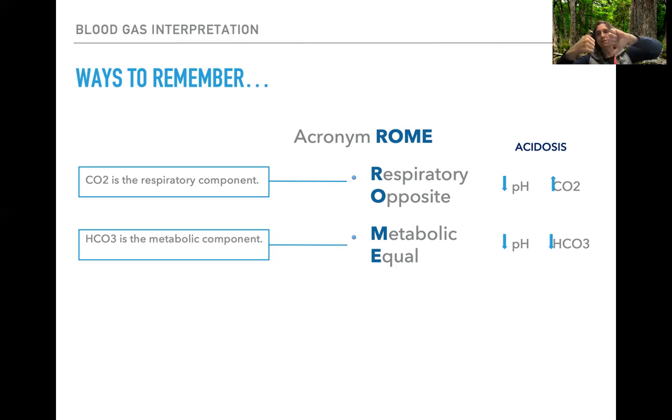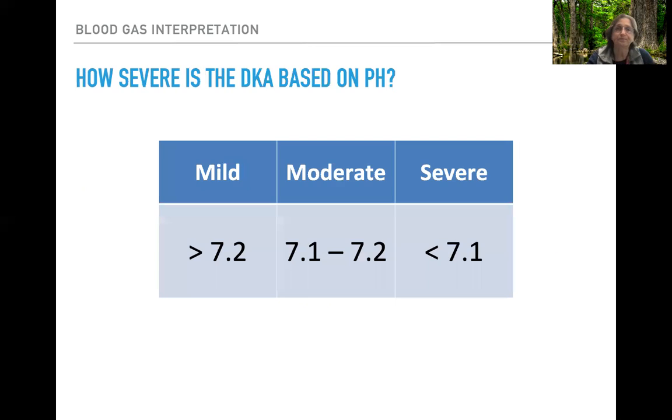If pH and CO2 are opposite, it means that it is a CO2 issue or a respiratory component. Now, bicarb and pH move in the same direction. So if you have a decrease in pH, we know that's acidosis. We also see a decrease in our base or our HCO3. So metabolic equal, they both go in the same direction. Respiratory is opposite. Decrease in pH, increase in CO2.